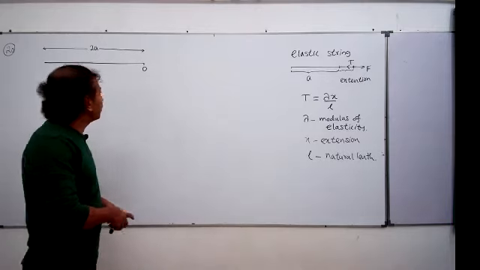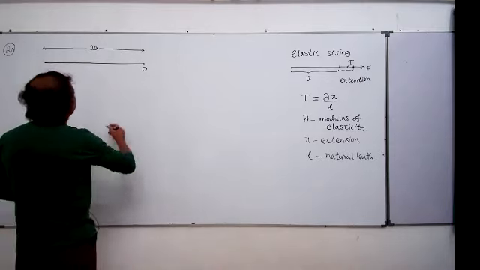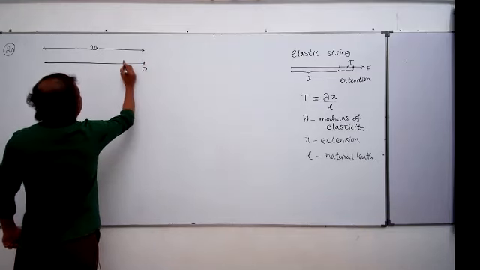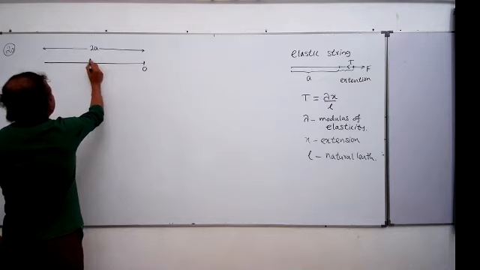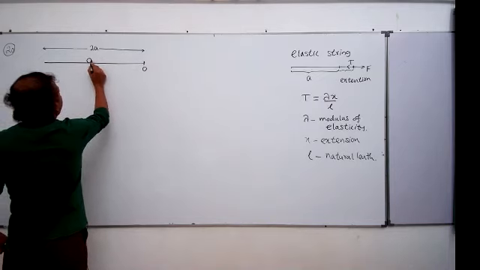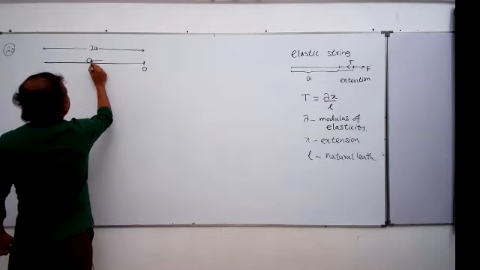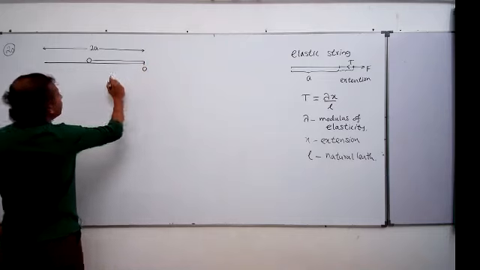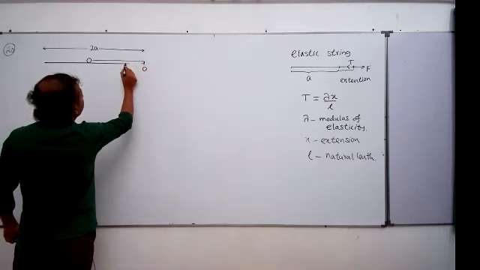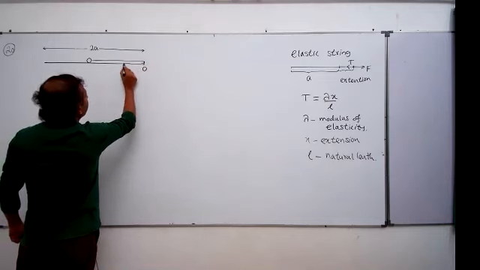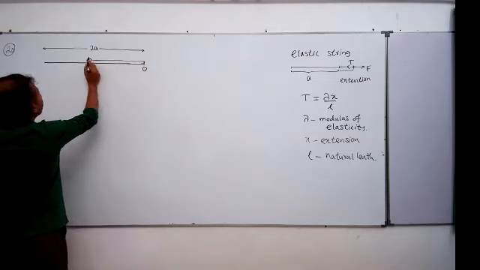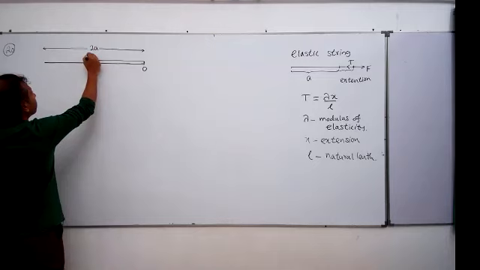Such a string is joined to the point O, like this. The other end of that elastic string is joined to the particle P, like this.